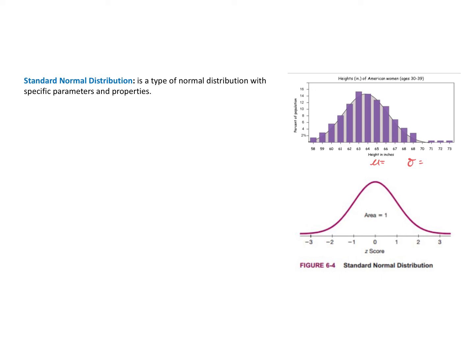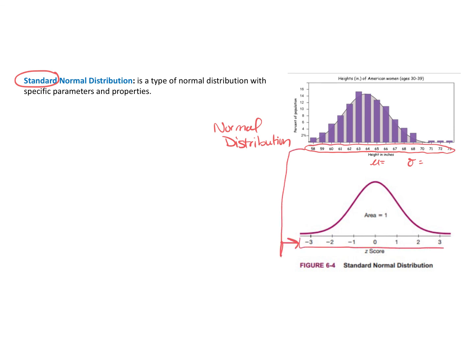When we're talking about a standard normal distribution, what we mean by standard is when we take the normal distribution, so above here, I've got an example of a normal distribution, and we take all of these values and convert them to a z-score. So we standardize those values. So in this particular example, I take the height measured in inches and I convert all of those heights to their corresponding z-scores.